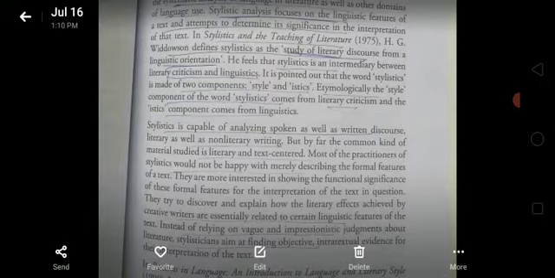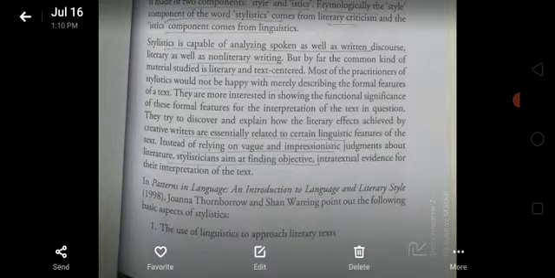They try to discover and explain how the literary effects achieved by creative writers are essentially related to certain linguistic features of the text, instead of relying on vague and impressionistic judgments about literature.